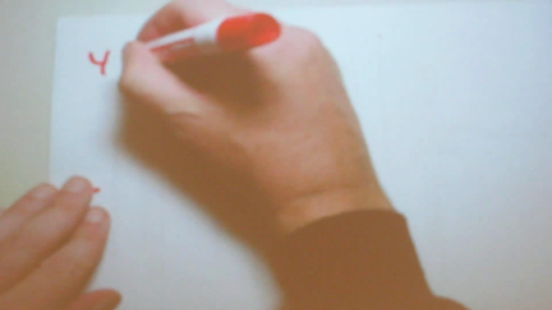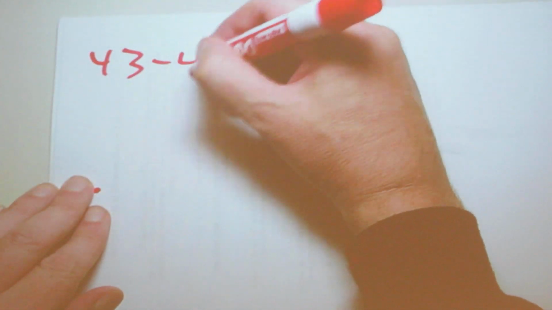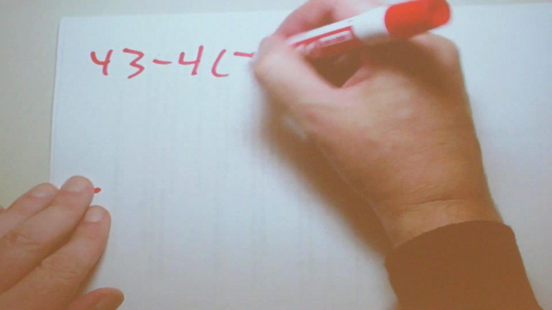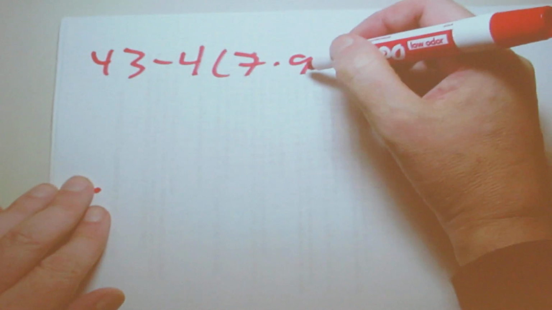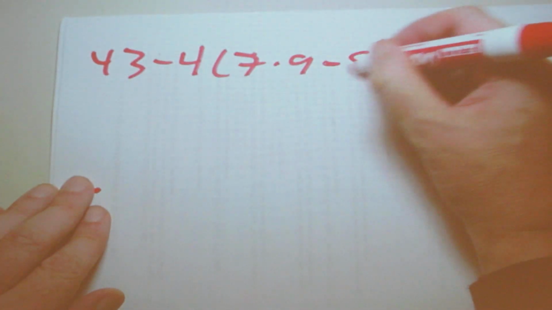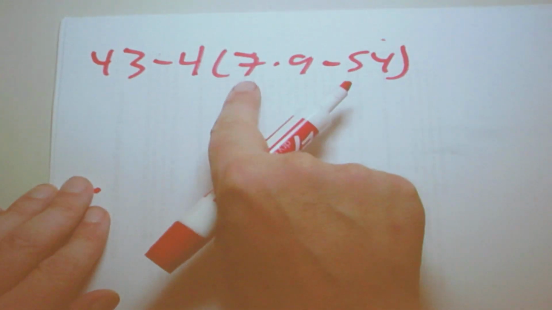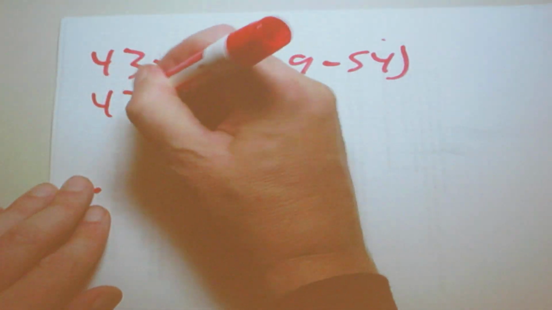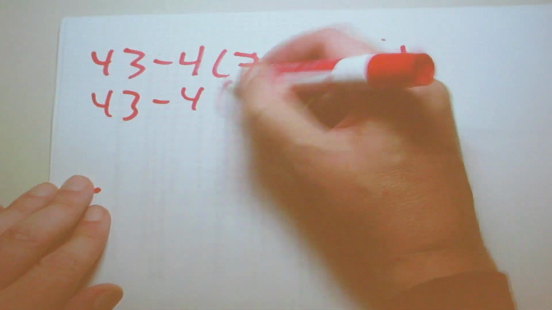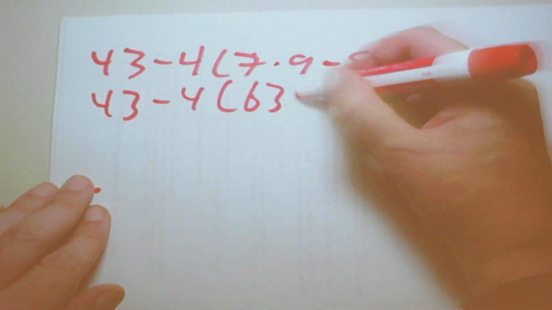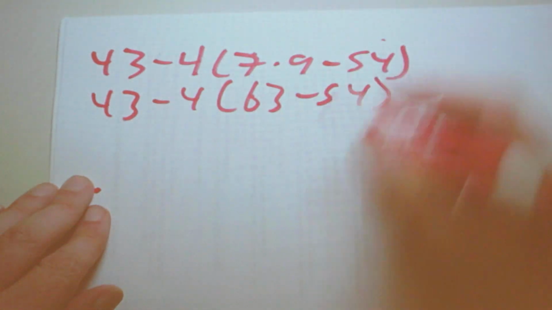Then another one where we do the order of operations. Let's say we have 43 minus 4 in parentheses 7 times 9 minus 54. So we do the 7 times 9 first. 43 minus 4, 63 minus 54.